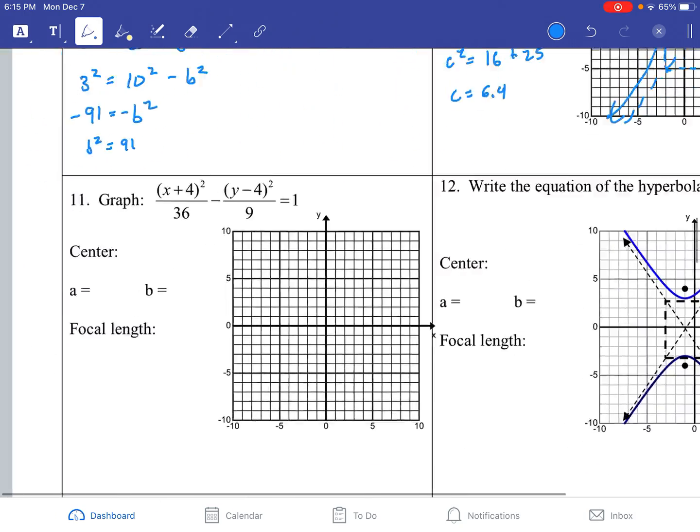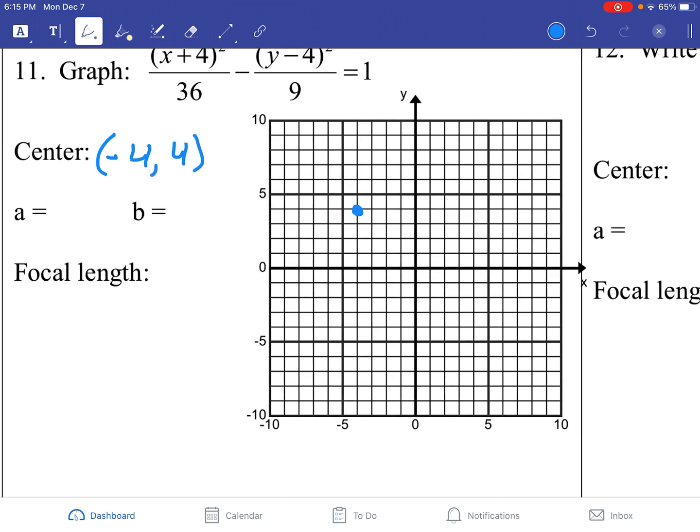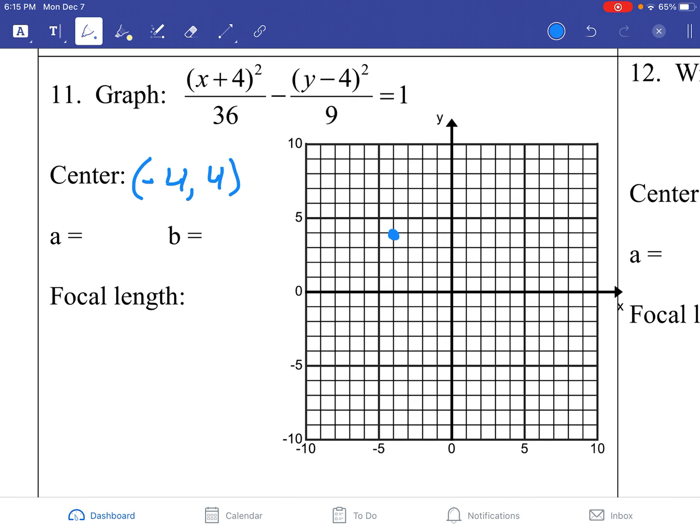Let's try that again. Again, we were given a hyperbola because there's a minus sign. Our center is going to be -4, 4, so let's put that point down there. The a value is first. This time it's the square root of 36, which is 6. The b value is 3, the square root of 9. Because the 36 is underneath the x term, we're again going to go left and right.